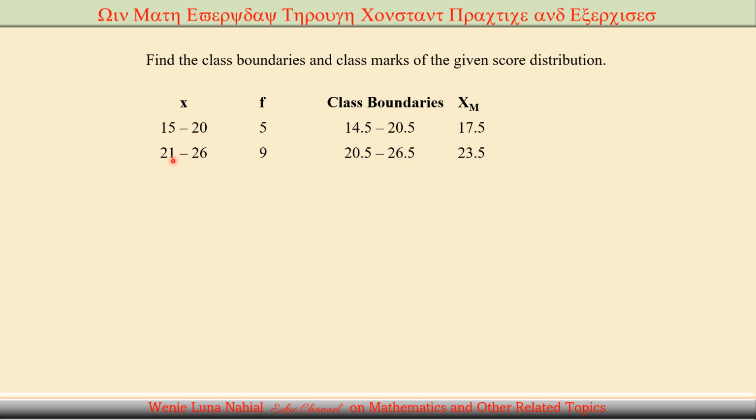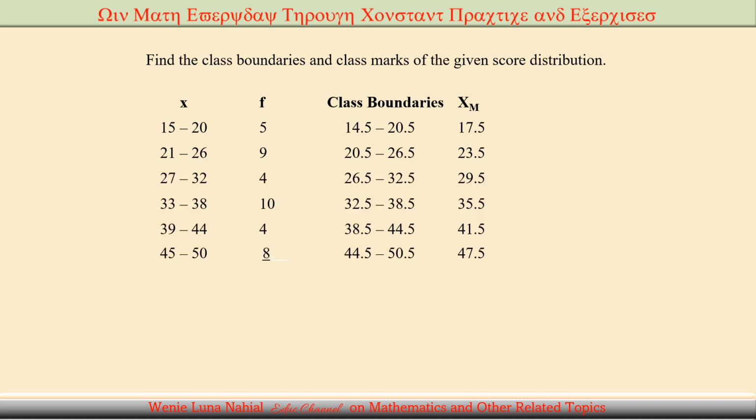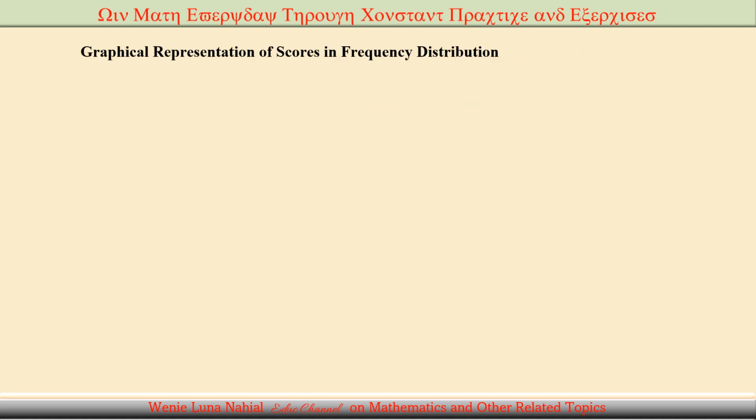For the category 21 to 26, the sum is 47, so the class mark is 23.5. And for this category, the lower class boundary is 20.5 because our lower limit is 21. Then the upper class boundary is 26.5 because our upper limit is 26. So just repeat the process here.